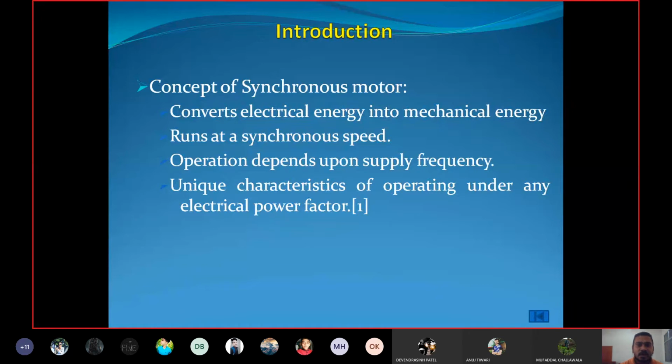That means it will operate on lagging power factor, on leading power factor, and on unity power factor as well.